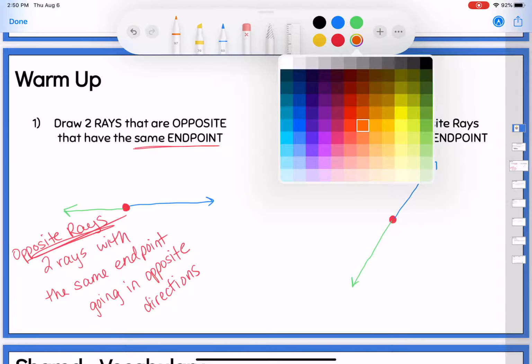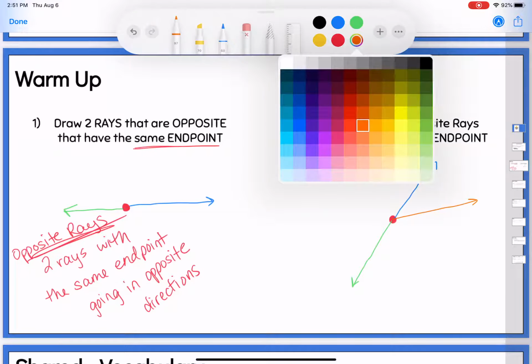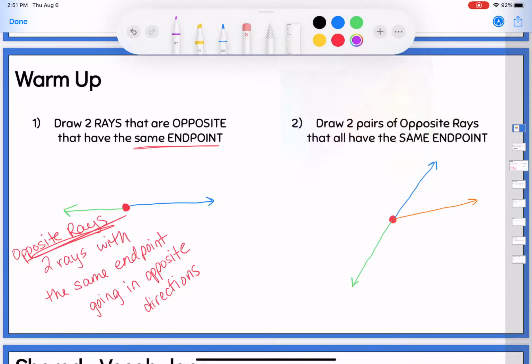And then maybe I have one going, let's see, maybe this direction. And then the second one would be going opposite, like this, right? So there are two pairs of opposite rays. One pair is blue and green, the other pair is purple and orange. Those are two pairs of opposite rays that all have the same endpoint.